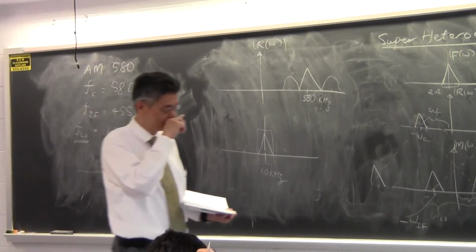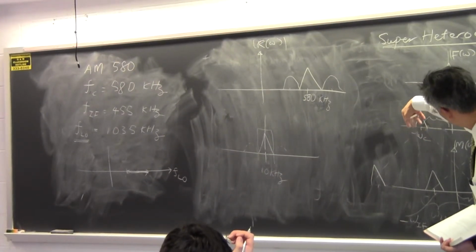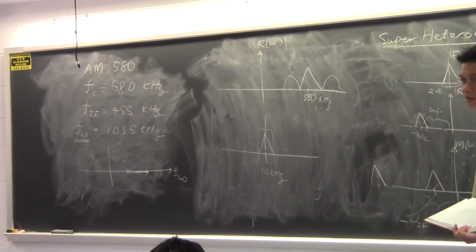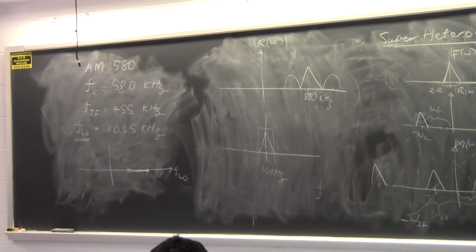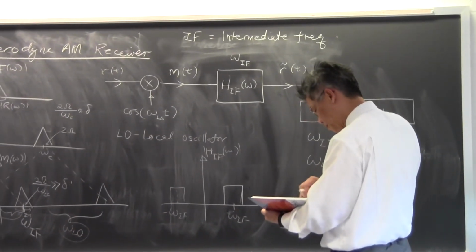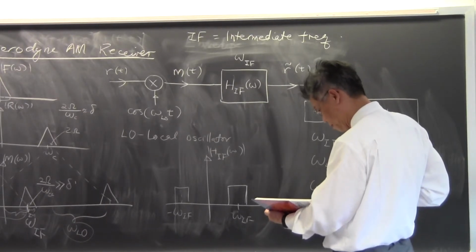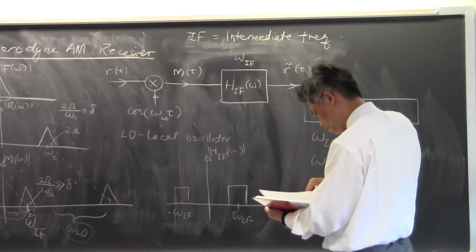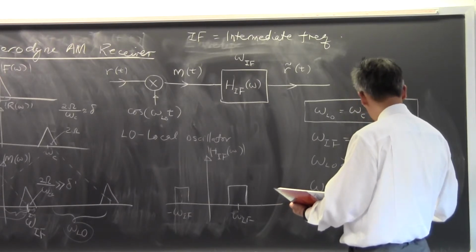Because you also have the choice of designing the local oscillator frequency so that this thing gets pushed to this one instead of that one. Then you need a smaller local oscillator frequency rather than a higher one. Another way you can get this to work is to have omega LO equal to omega C minus omega IF.